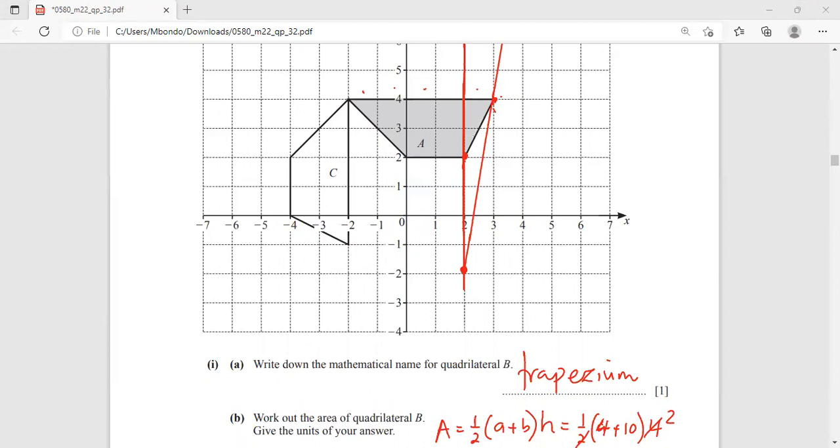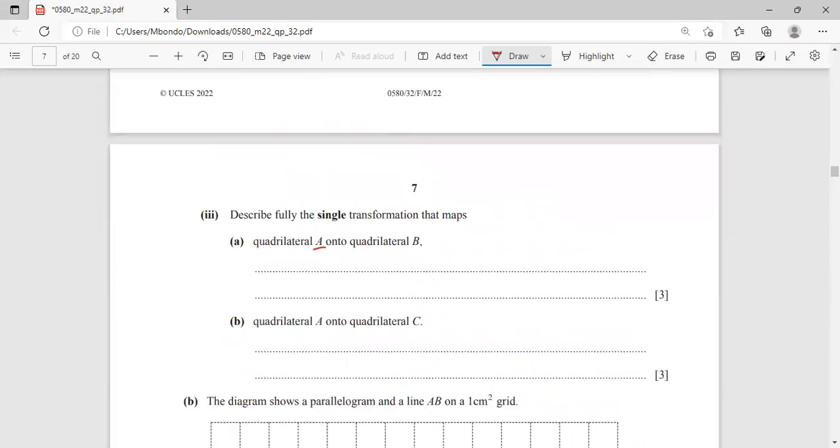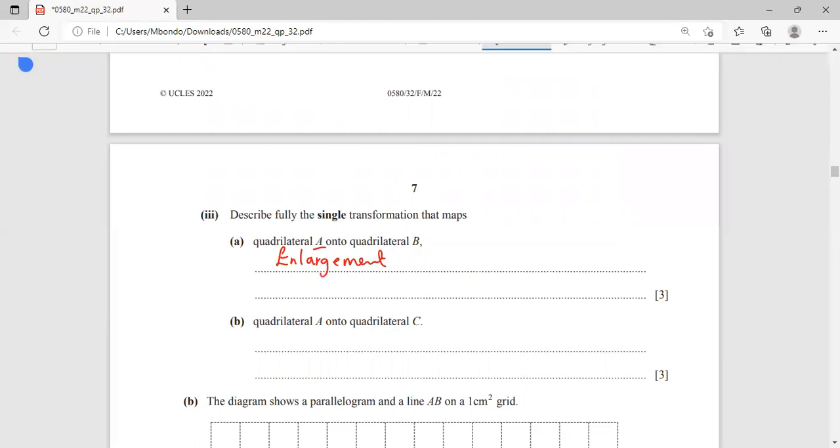So we are going to say this is an enlargement of scale factor 2 about the center.